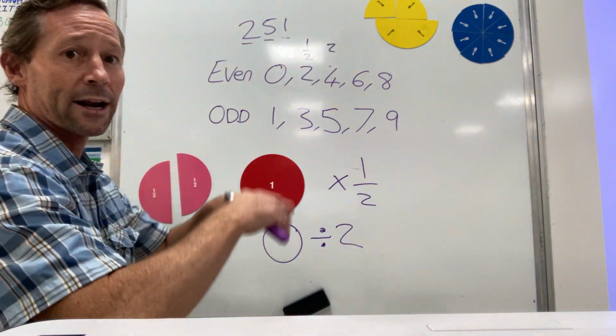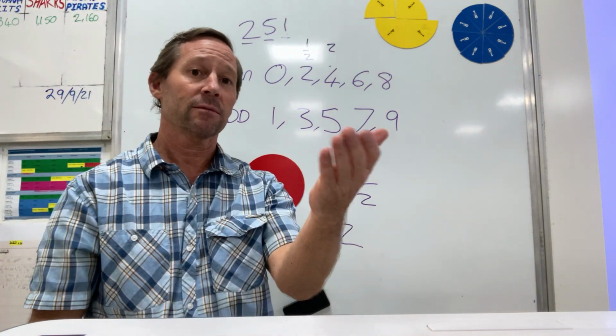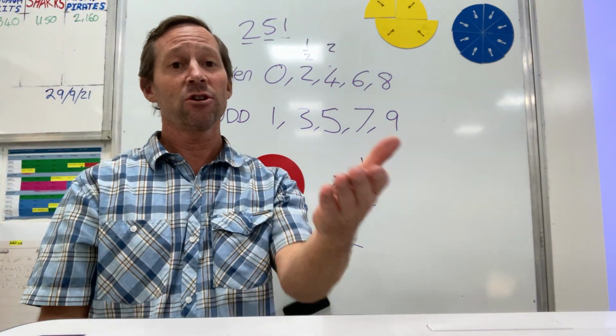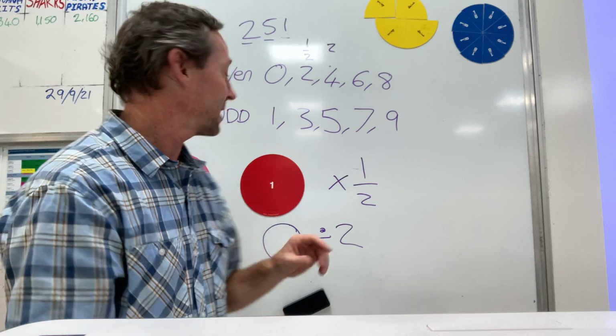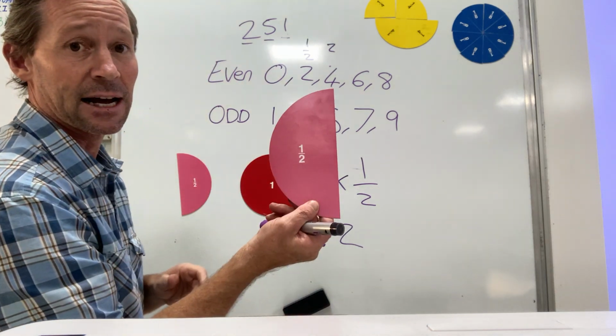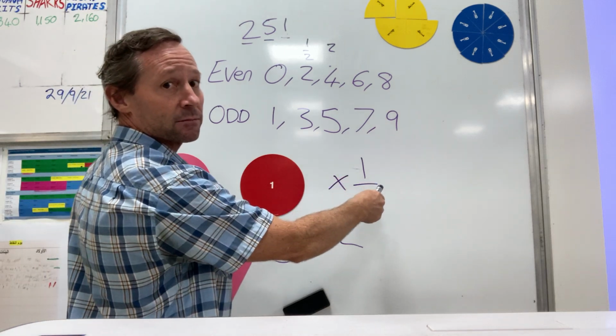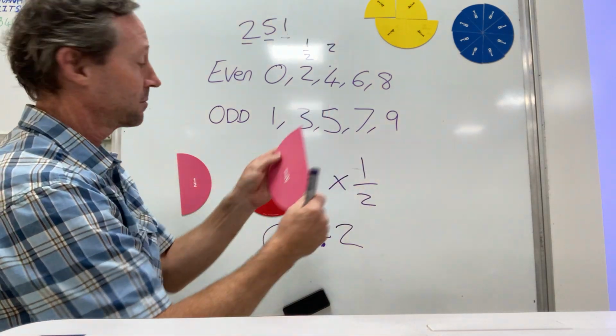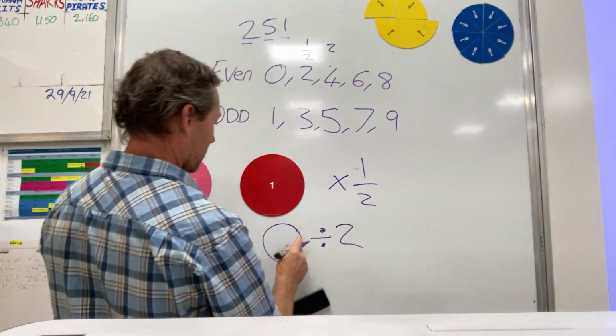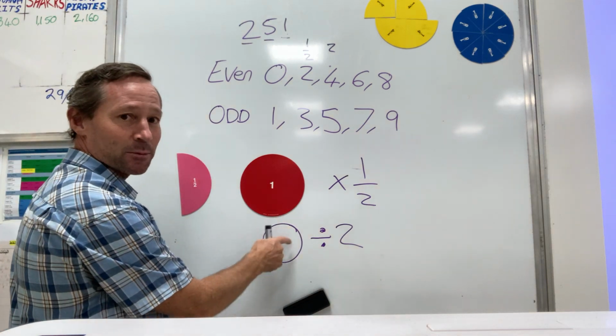So if I've got one whole pizza, I'm going to share it between you and myself. We each get a half. It's the same when you say 1 times a half, because there's 1 half. So I'll end up with, that's supposed to look like a pizza.